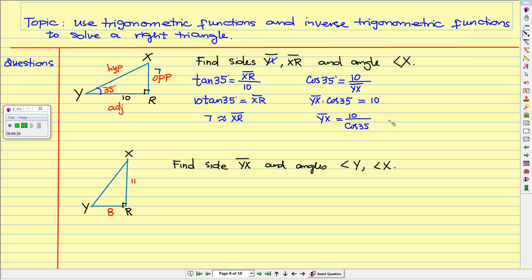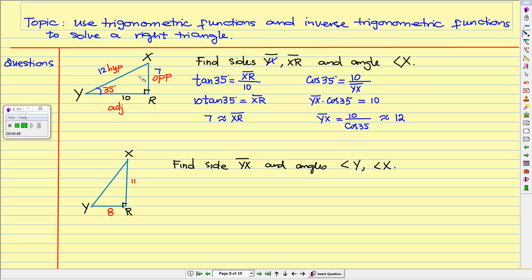Now put it in the calculator. I'm going to round to the whole number, so it's around 12. So the hypotenuse will be around 12. Now we found all three sides: given one side, we found the rest.